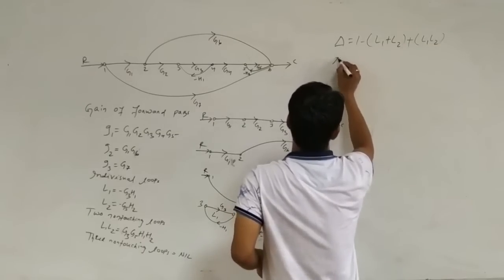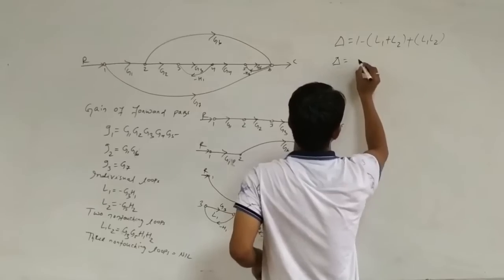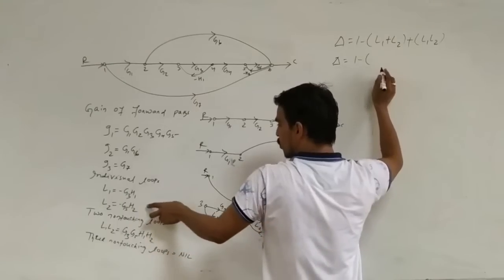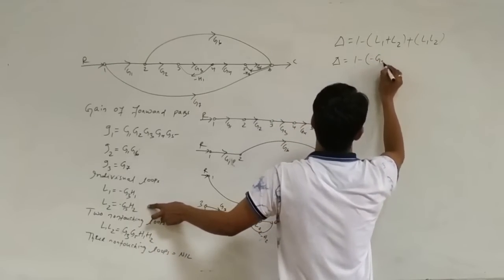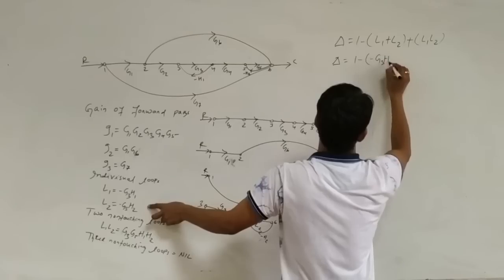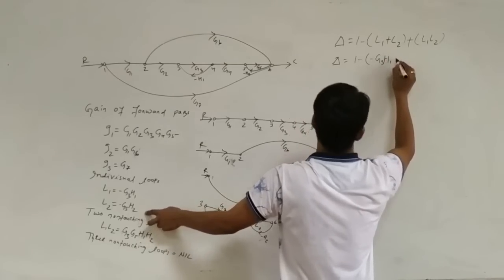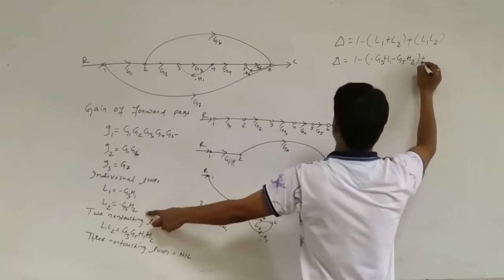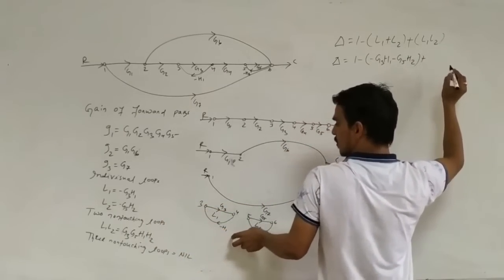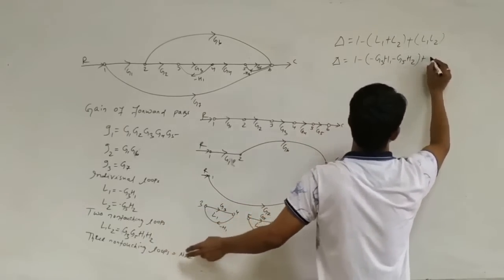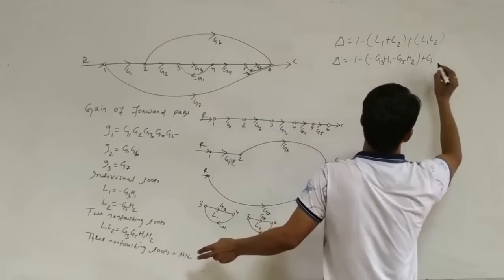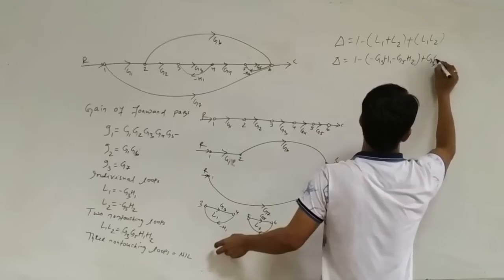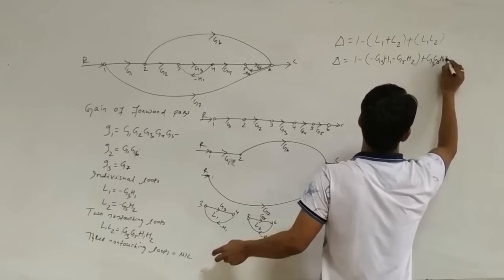So delta equals 1 minus L1 L2 minus G3 H1 minus G5 H2 plus L1 L2, G3 G5 H1 and H2.